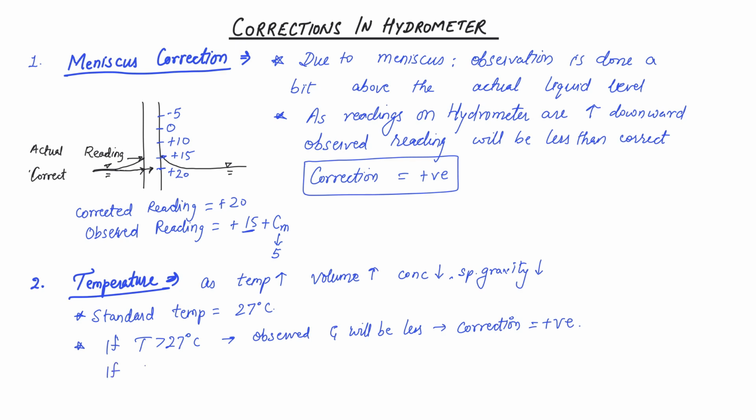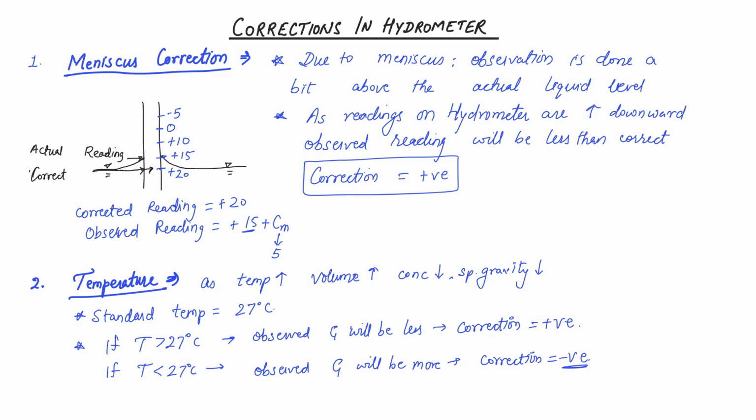But if the temperature is lower than 27 degrees centigrade, the matter will contract, and the observed specific gravity will be more. So for the correction, the increased value should be decreased, and hence the correction will be negative. That is our second correction, for temperature.